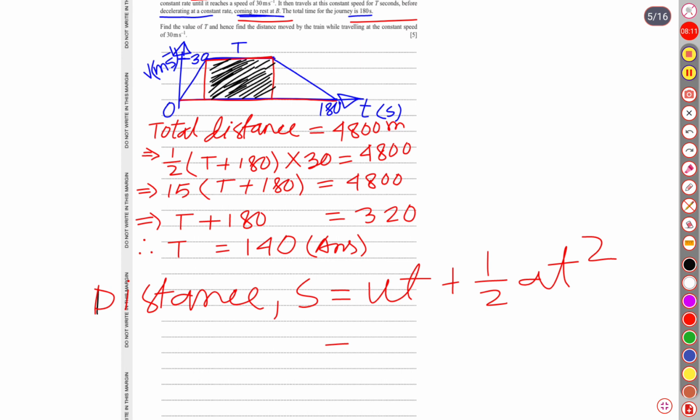Now our u, the initial velocity, for this portion, what was the initial velocity?